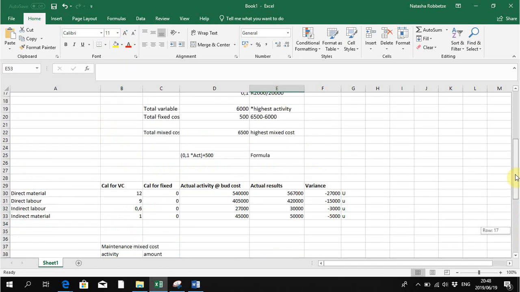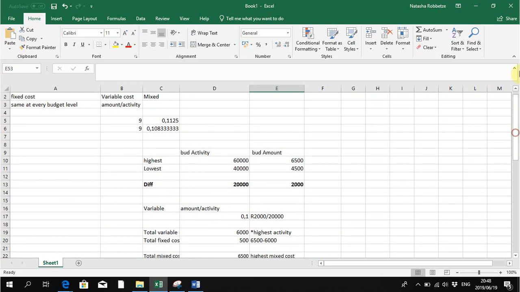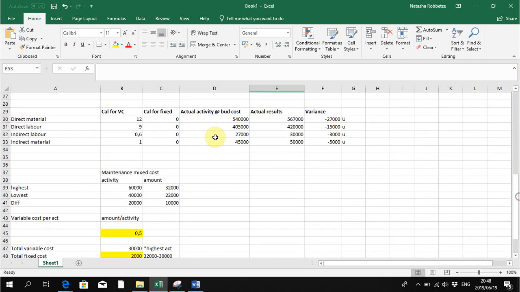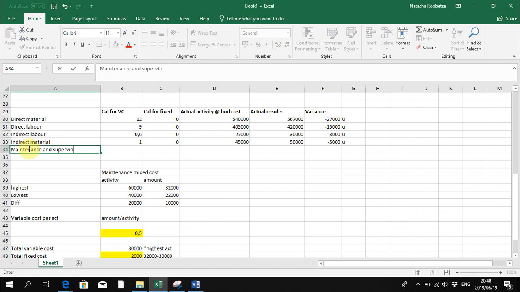Going back to my performance report rather, I'm going to say maintenance and supervision. And my variable cost will be the 50 cents and my fixed cost will be the 2,000 Rand.